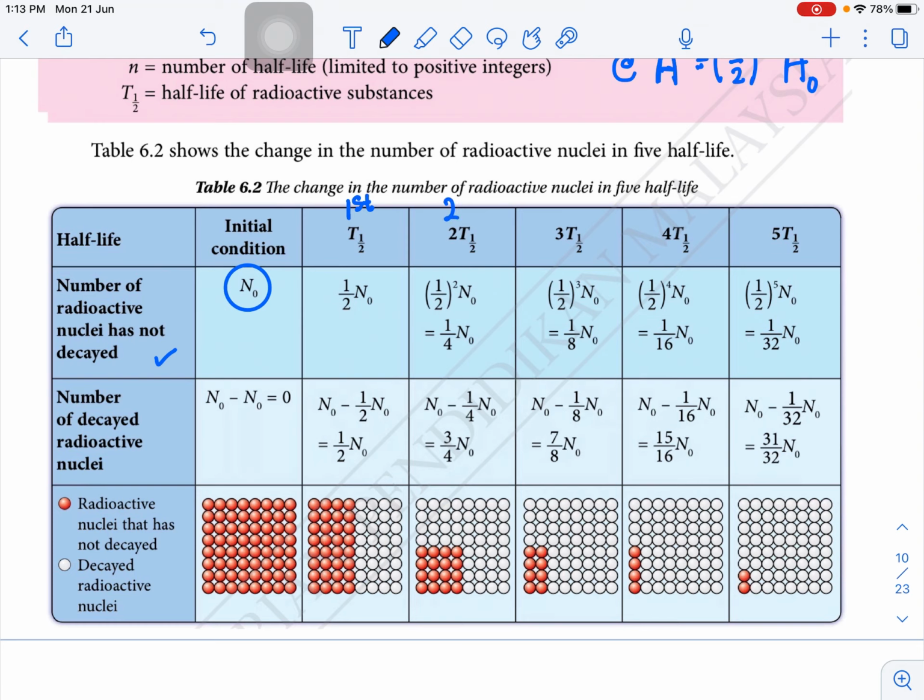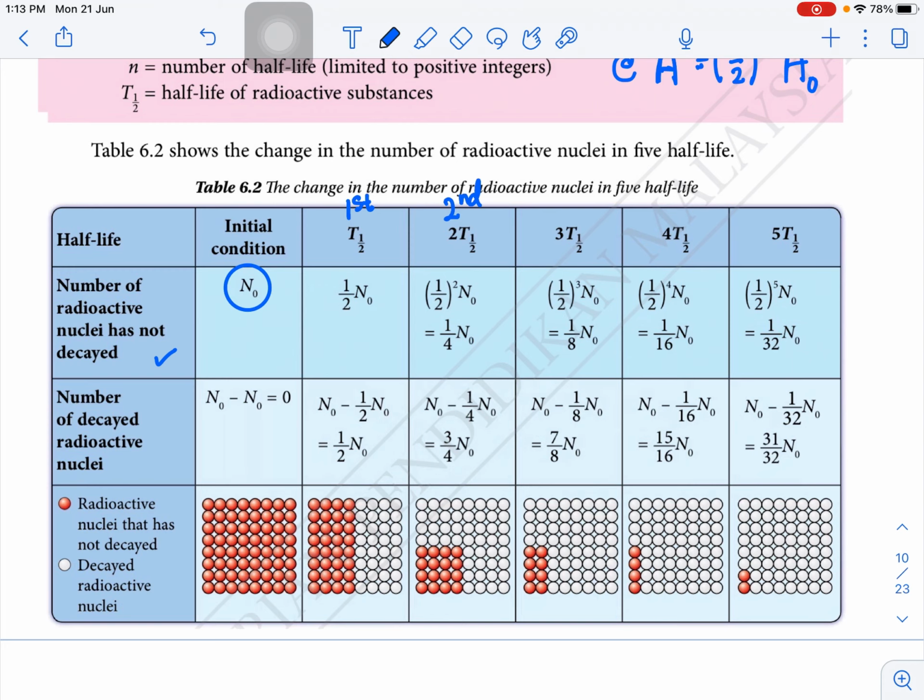For the second half-life, T half, the number of undecayed radioactive nuclei is half to the power of 2 times the initial number of nuclei, N0. So we get 1 over 4 N0.